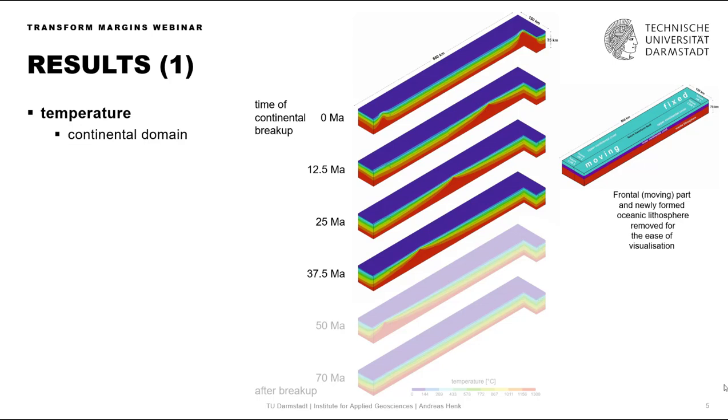Due to the passage of progressively younger and hence hotter oceanic lithosphere, the continental side of the transform fault experiences some post-breakup warming. It ultimately leads to the thermal peak, which occurs when the ridge passes by. After ridge passage, the transform margin undergoes cooling due to thermal equilibration.